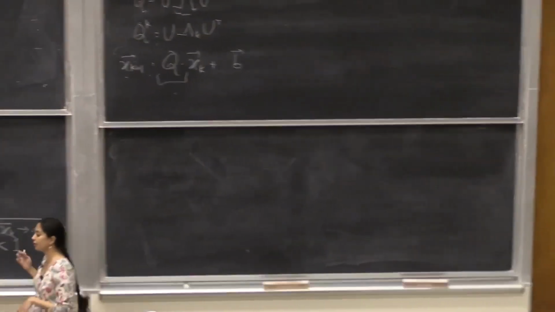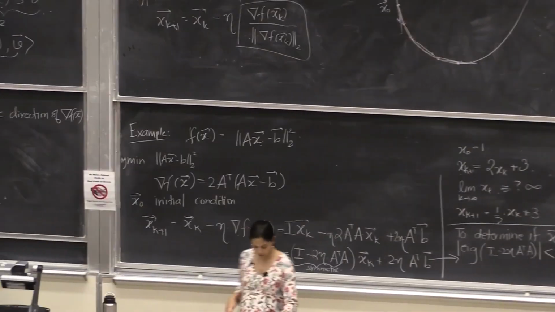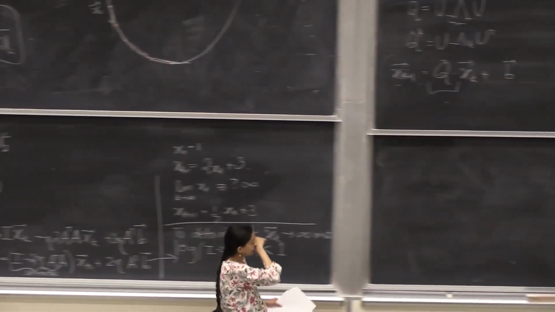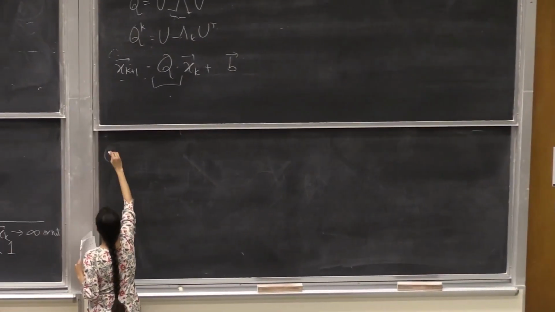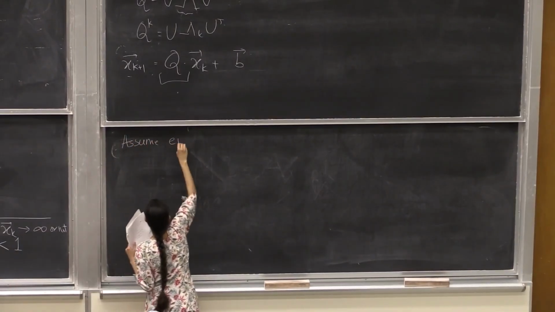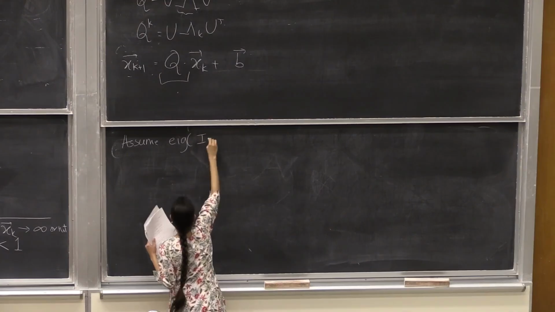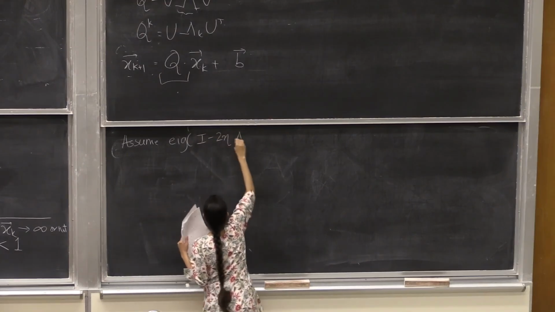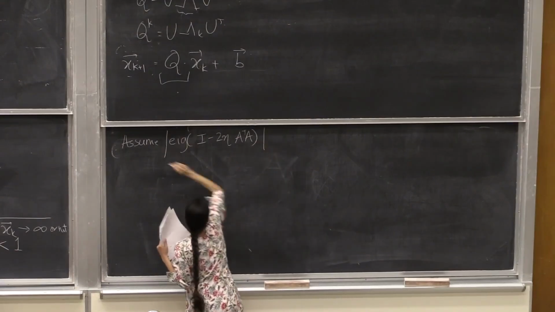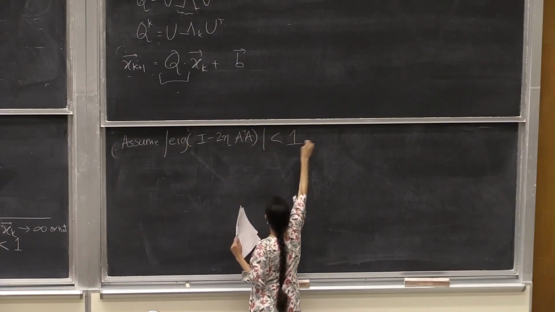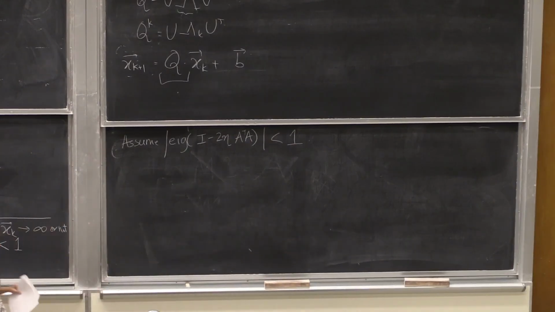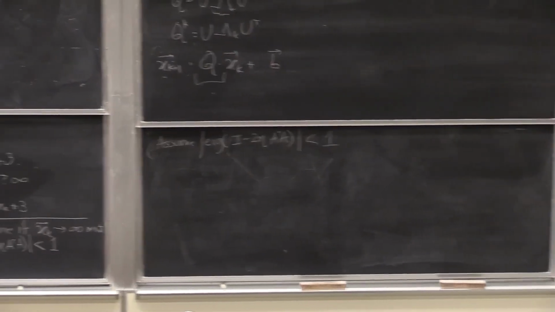Okay, so let's say you had that. How can you now figure out where this is going to converge to? Where do we want this thing to converge to?